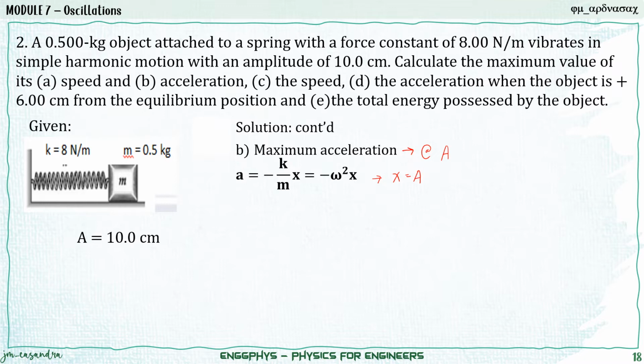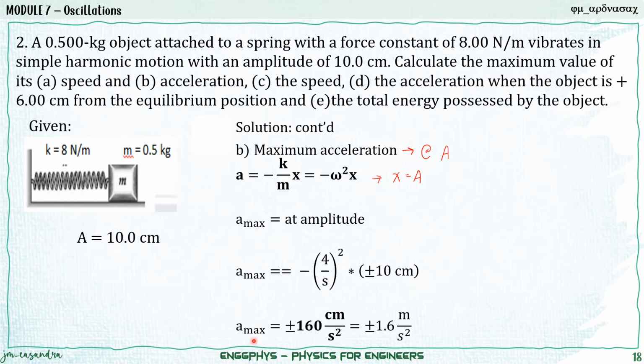So substituting, the maximum acceleration is equal to negative 4 per second squared times plus or minus 10 centimeters, or positive or negative 160 centimeters per second squared, which is the same as positive or negative 1.6 meters per second squared.